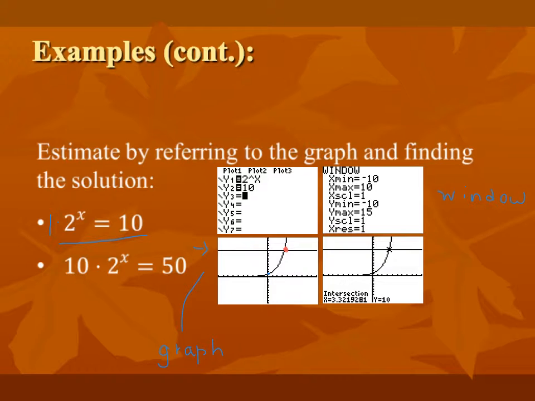So to find that exact location, what I've done here is I've hit second, trace, and I'm sure you did this in Algebra 1 last year, intersect, which is option 5, and then I hit enter for the first curve, enter for the second curve, and enter to guess. And when I do that, it tells me that the x value on that exponential function, where y is equal to 10, is equal to about 3.322.